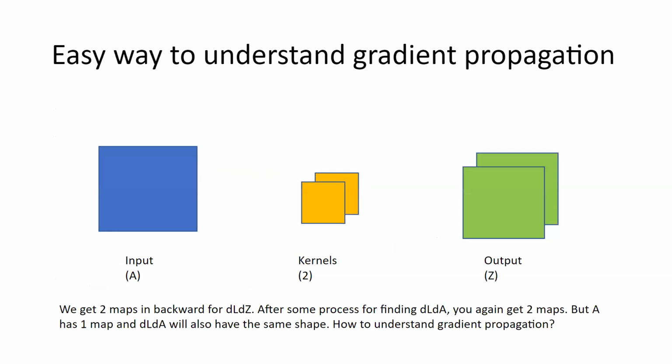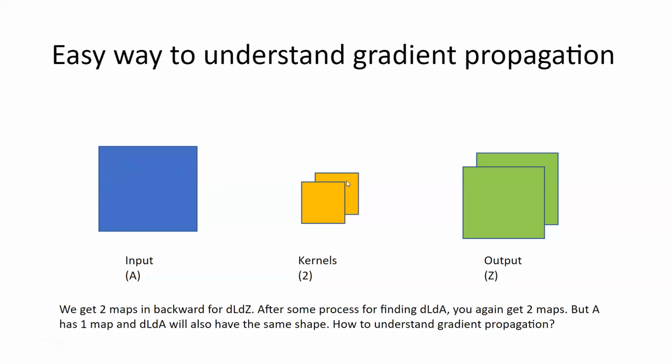So let's quickly understand the gradient propagation and what happens for convolutions. Let's say we have a single-channel input A of some height and width. There are two kernels here. For each kernel, the number of channels should match the number of channels in the input.